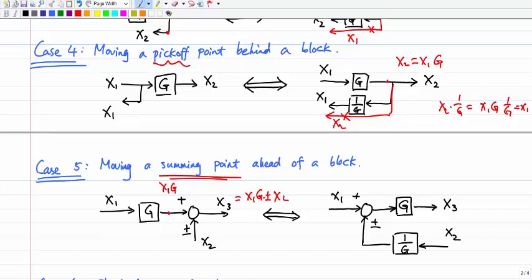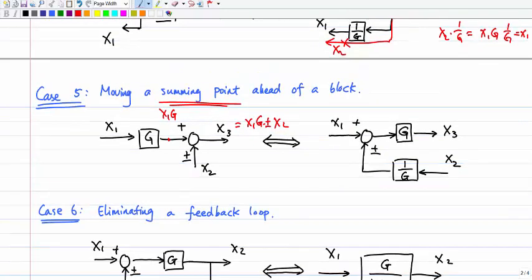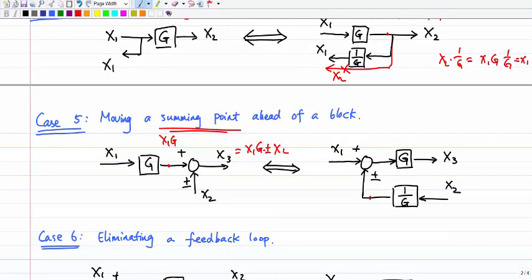Okay? So if I move the sum in front, I have to add on this 1 over g. The reason is, this point here is x2 times 1 over g, because of the transfer function. So this point will be the sum of these two, of course it could be plus or minus.